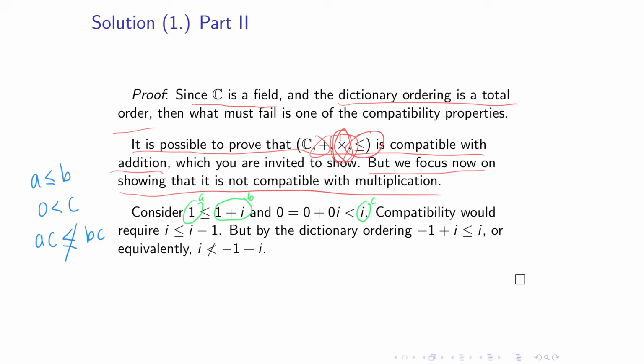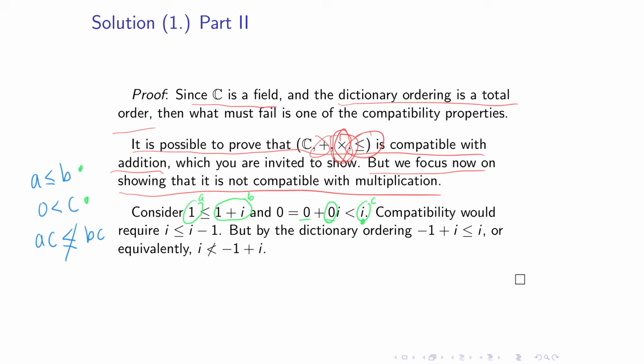And this is strictly bigger than 0 because, after all, 0 has real and imaginary components both equal to 0. i has real component equal to 0, so it's a tie, but then it has imaginary component equal to 1, and since 1 is bigger than 0, then i is bigger than 0. Which is what we need for these conditions.